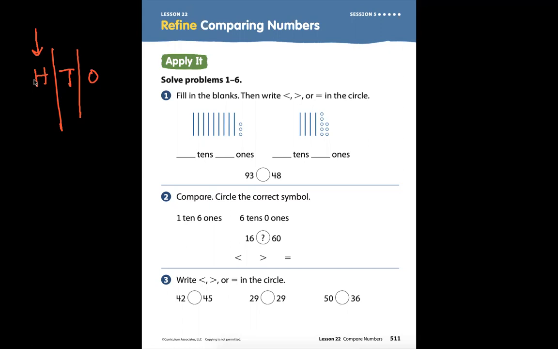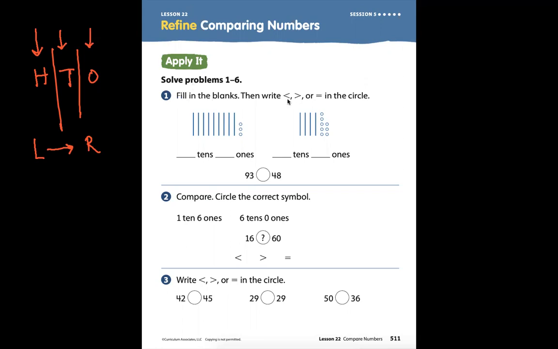Then, if they are the same, we look to the tens place. And if the tens place is the same, we look to the ones place. We start on the furthest left side and go to the right side to determine if a number is greater or less or equal. Problem number 1.